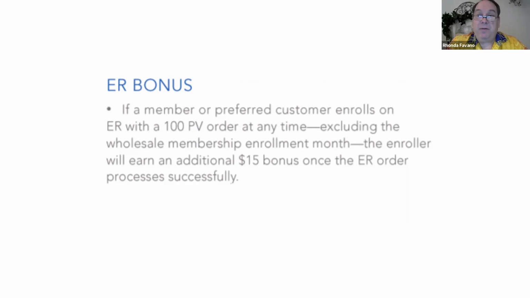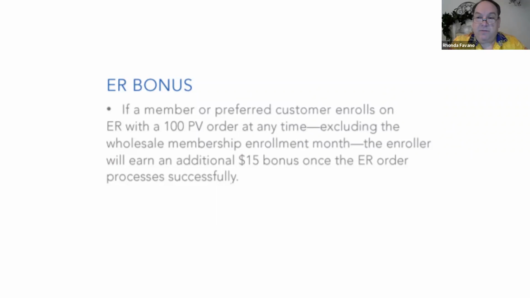If their premium starter kit or their initial purchase was on Essential Rewards, the following month is what counts. So it doesn't count their enrollment month.